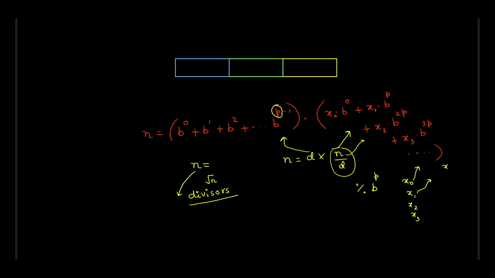This means that x0 should be less than b, x1 should be less than b, because if it was a base 10 representation then a digit means less than 10. So that's why for a general base all of these xi should be less than b, and the final answer should be equal to 0 after you have done all the repeated division by b to the power p. So this part is easy.